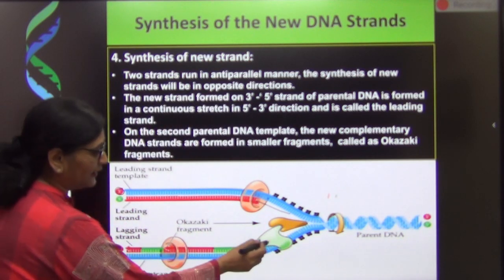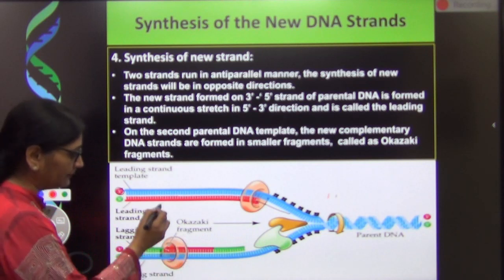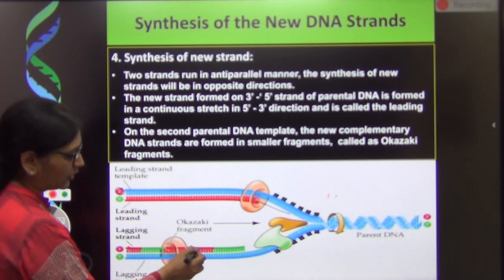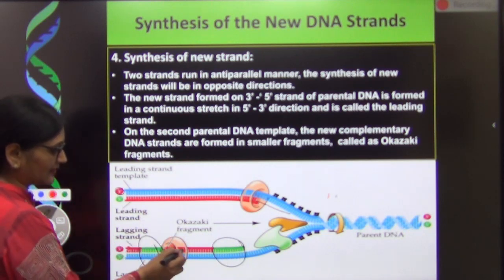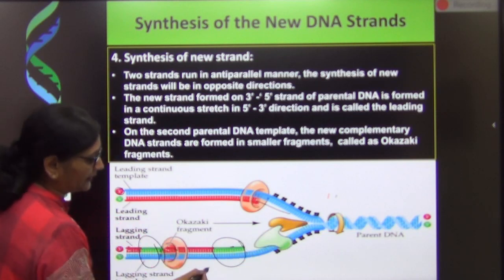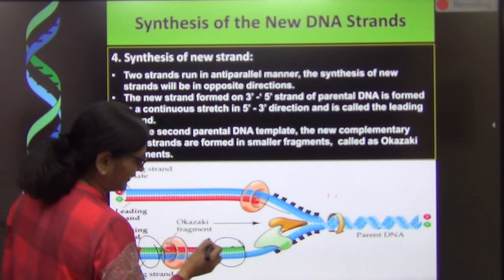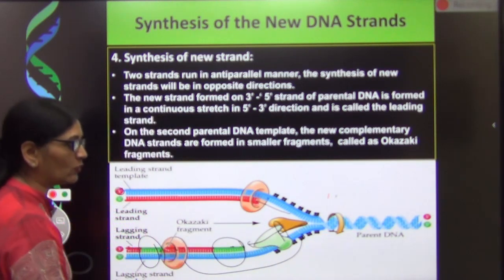But that strand where the DNA polymerization is being done in the opposite direction, here every time you want to make a DNA, you have to attach a primer. See, the polymerase enzyme went from here to here. Now again if I open it, then again a primer has to be made here. This polymerase will come here. Again the DNA molecule will move ahead.